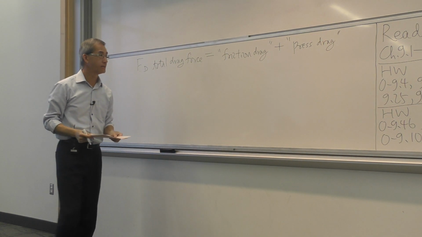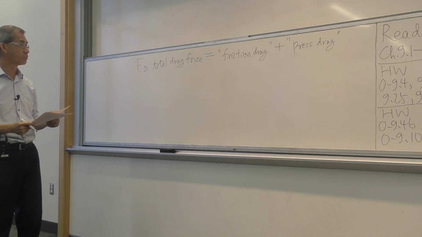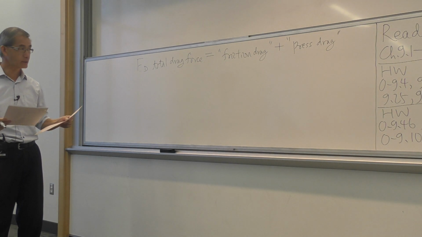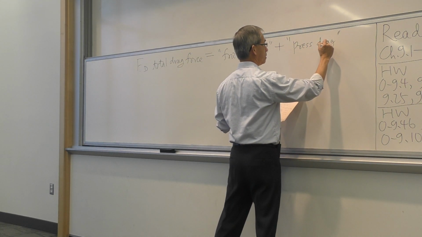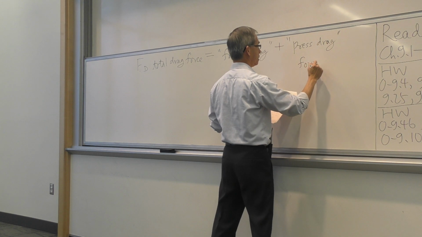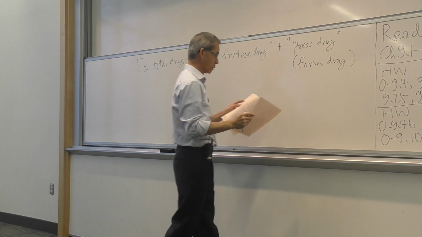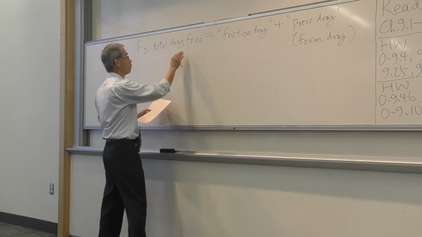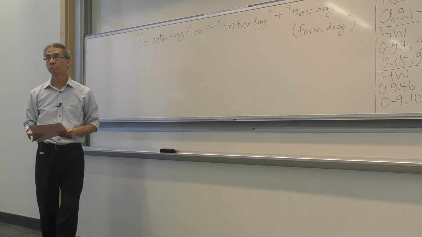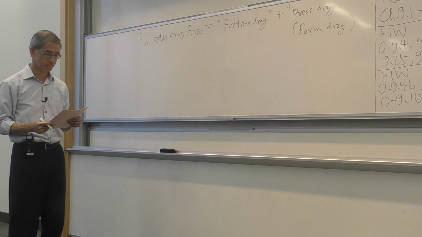So what is it that translates to what I call a friction drag versus that of a pressure drag, which I also call the form drag. So that's best illustrated by example. And the total drag force is the sum of the two. And which one is more dominating is problem dependent.